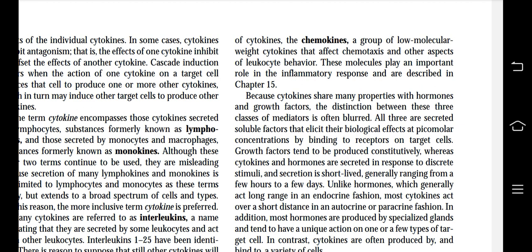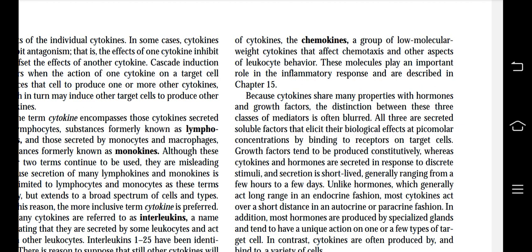So, because cytokines share many properties with hormones and growth factors, the distinction between these three classes of mediators is often blurred. All three are secreted soluble factors that elicit their biological effects at picomolar concentrations by binding to receptors on target cells. Growth factors tend to be produced constitutively, whereas cytokines and hormones are secreted in response to discrete stimuli, and secretion is short lived, generally ranging from a few hours to a few days.